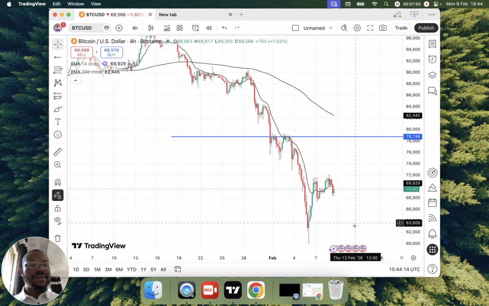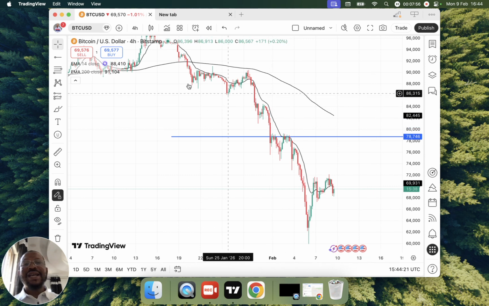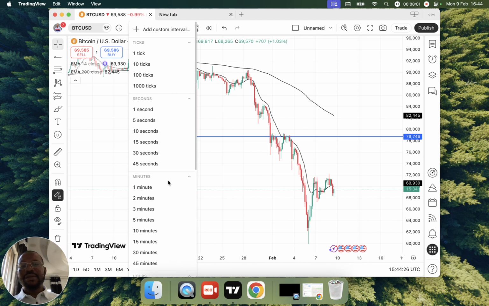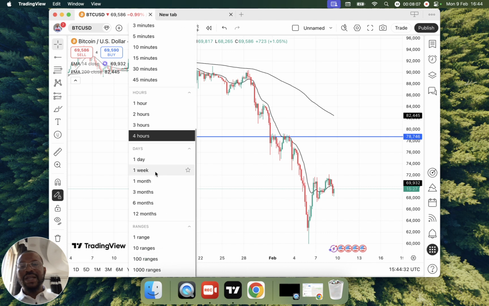Where do I exit? TP1 will come to this 100% retracement at this point. Then TP2, there's a level at the weekly time frame where I'm expecting Bitcoin to come down to. So that will be where my TP2 will be.